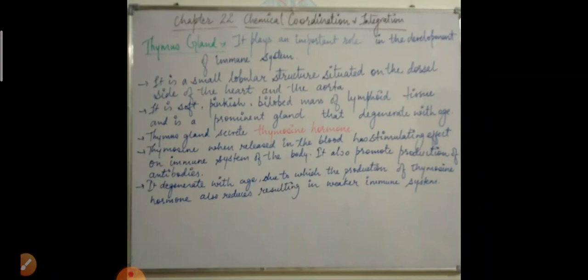It degenerates with age, due to which the regulation of thymosin hormone also reduces. So as the person increases in age, the size of the thymus gland decreases, and along with that, production of thymosin hormone also reduces, which results in a weaker immune system. So this is about the thymus gland.